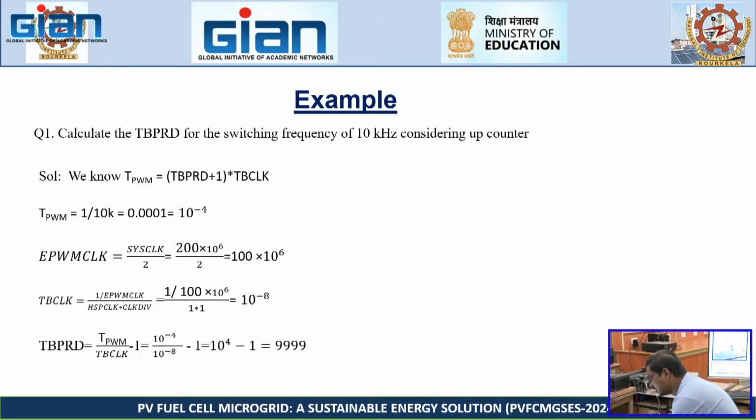Let's have a small example here. Now here I am saying I have a switching frequency of 10 kilohertz. Now how to calculate that TBPRD value and TB clock value? Here I am considering only up counter.